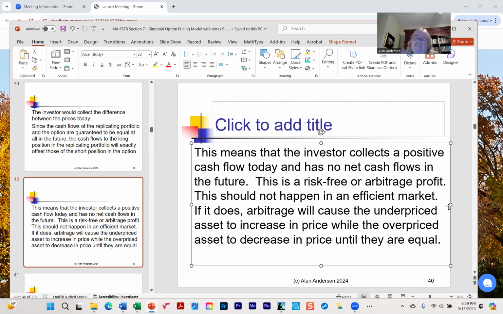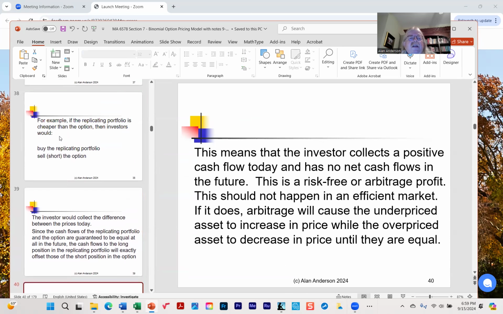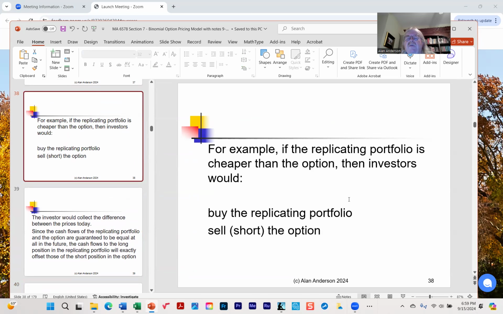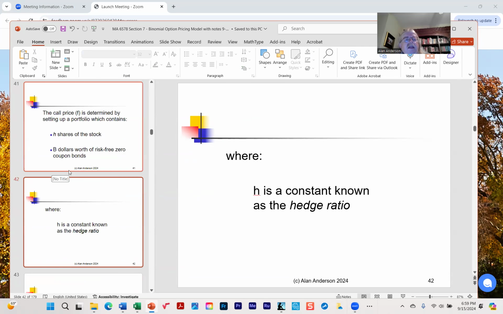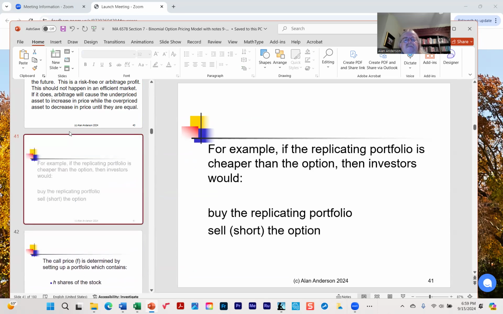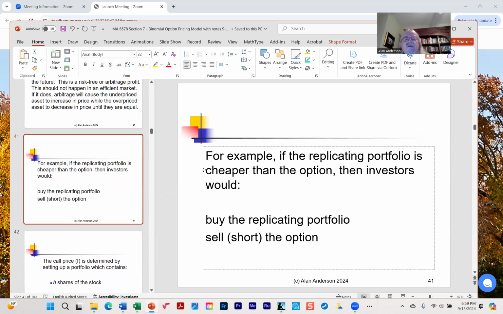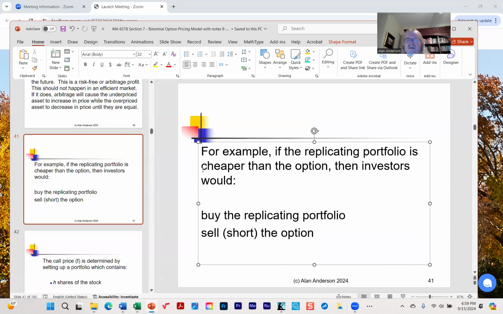But the important detail here is that the reverse is also true, by the way, before I continue. If the replicating portfolio is more expensive, then you would just do the opposite. Okay. So if the portfolio is more expensive than the option, then you would just do the opposite.